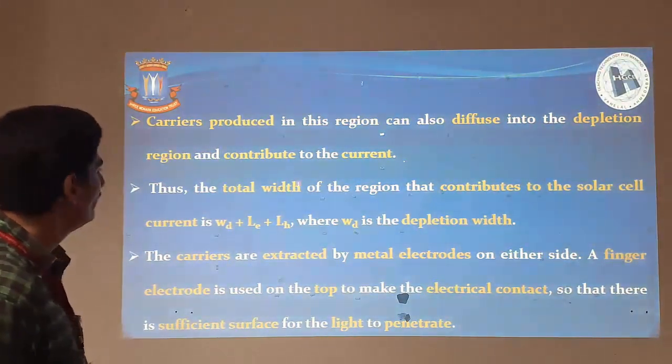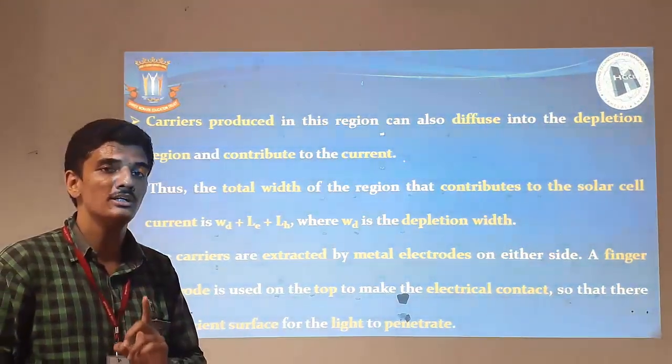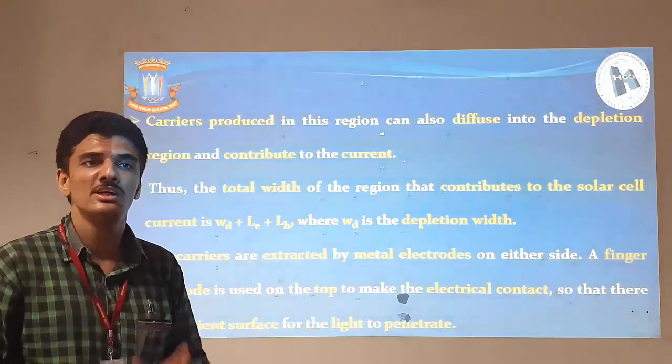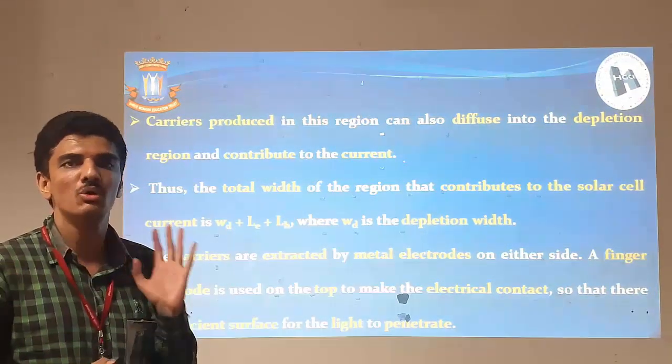Thus, the total width of the region, which region am I talking about? I am talking about the depletion region, because it is very helpful in creating electron and hole pairs.